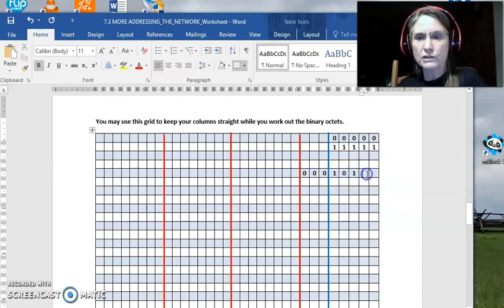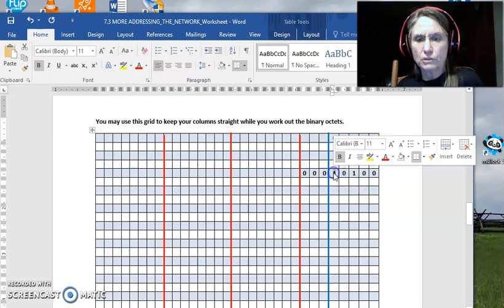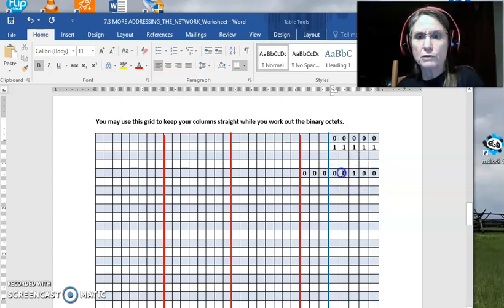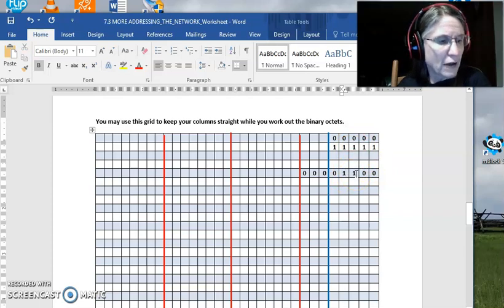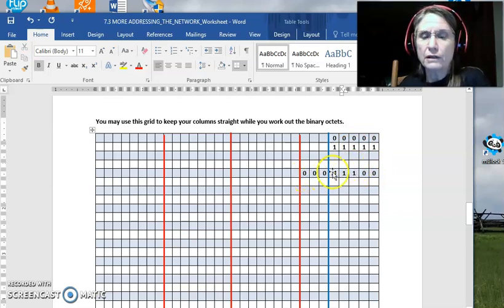We'll double check this once we get it. So we have 2 to the 0 or 1, 2, 4, 8. So that should be 0, and that should be 1. 8 plus 4 is 12, and that would be the binary notation for that last octet of .12.